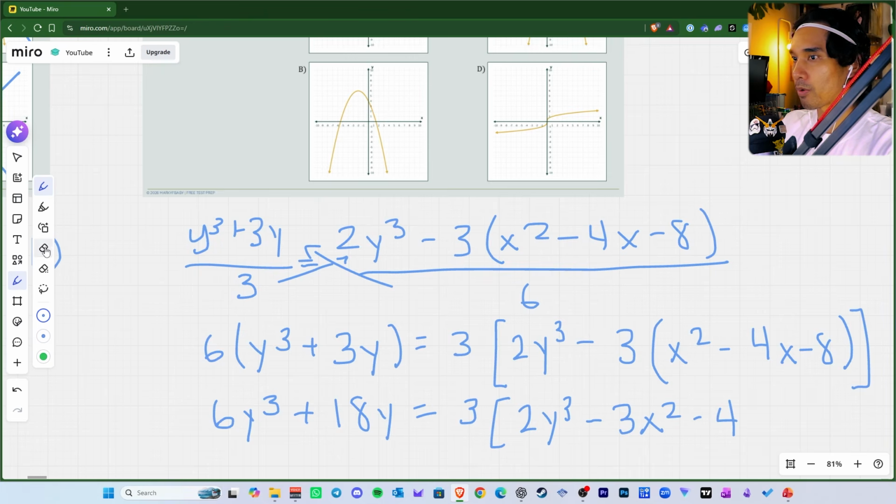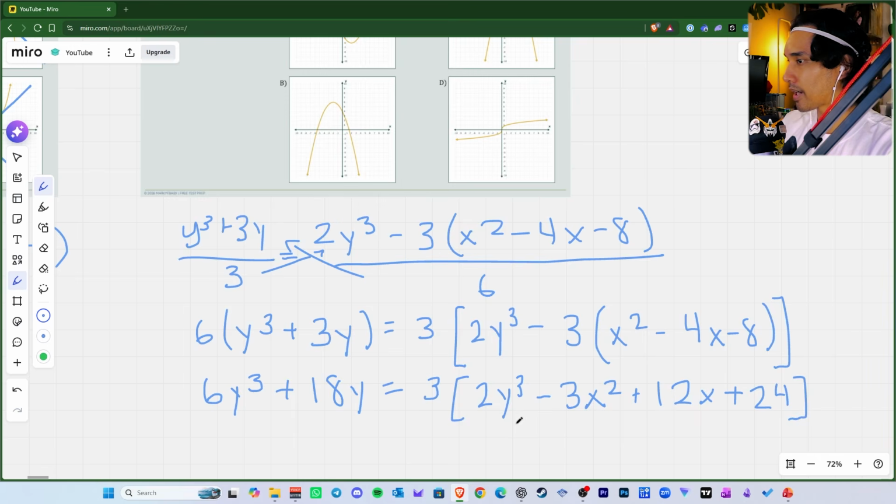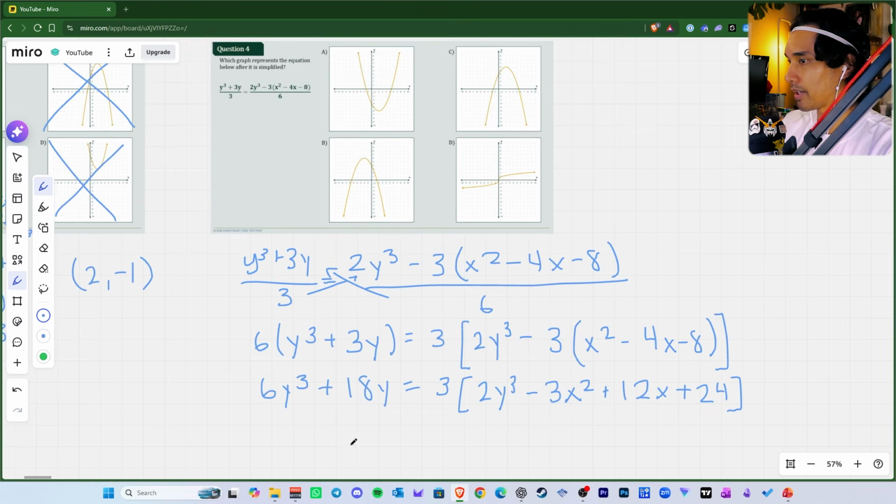And that's not a 4, that is a negative 3x, or negative 3 times negative 4, that's a plus 12x, and then negative 3 times a negative 8, that is plus 24. Now I have all that. I'm going to put this in brackets. Now I could distribute that 3.